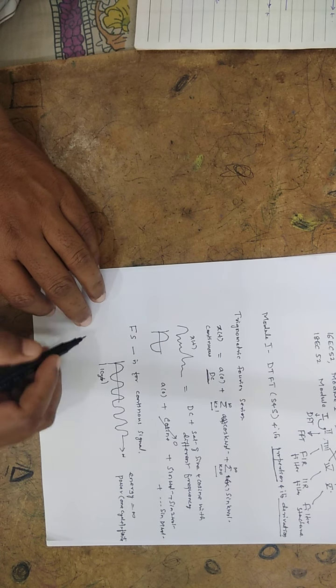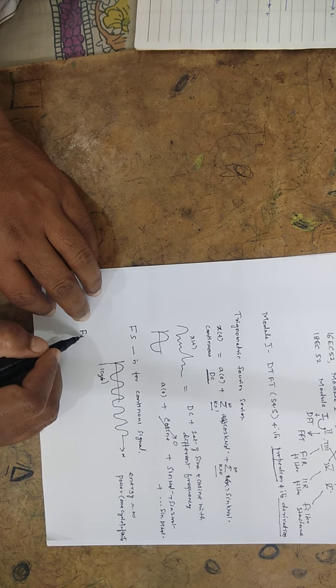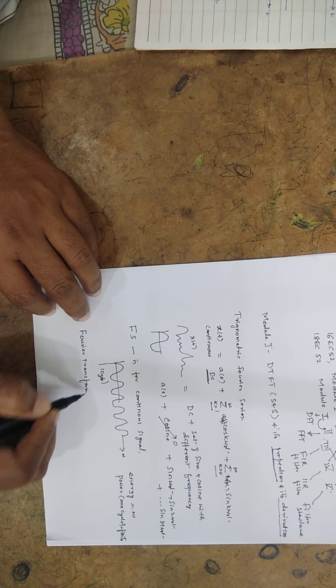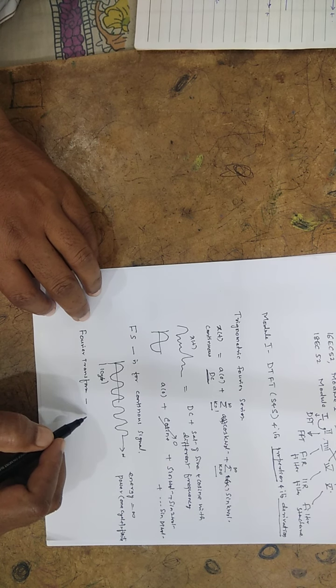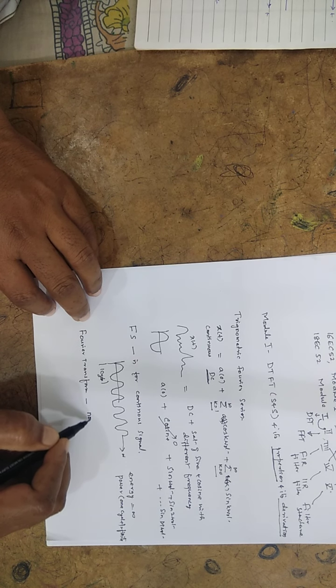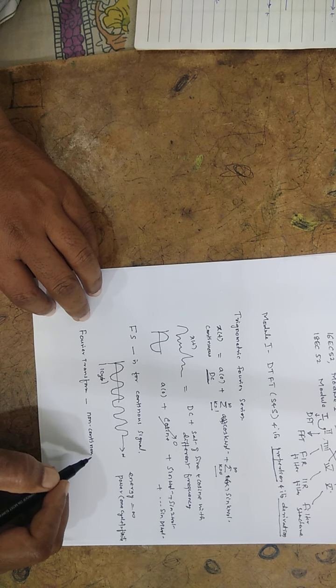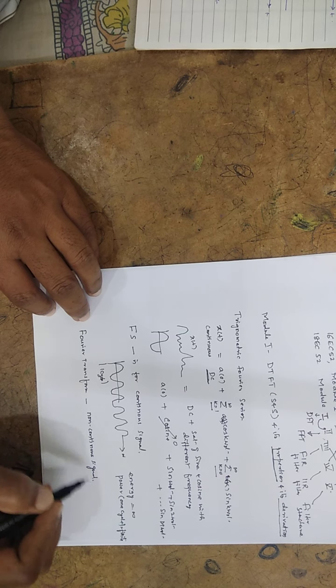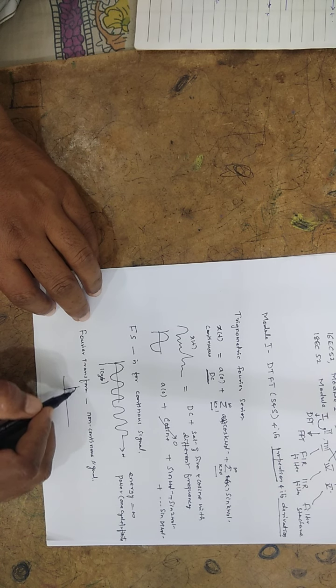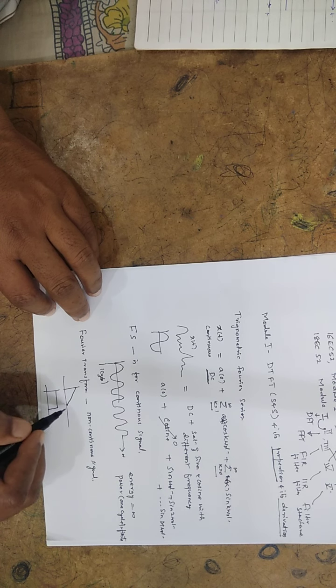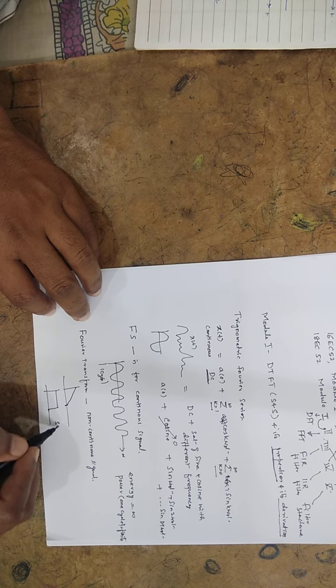Whereas the Fourier transform, we take for a non-continuous signal. I can call this a non-continuous signal, where this ends here. There is no repetition; the signal is not repeated.